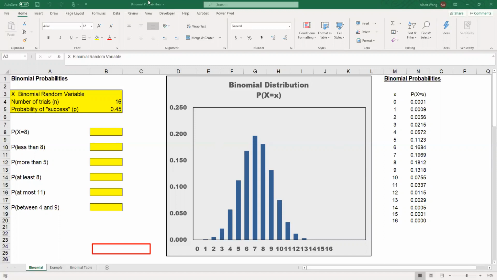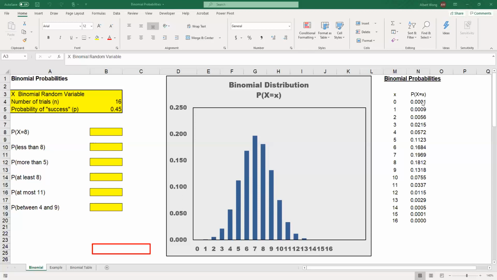Given the fact that n is 16, x would take on actually 17 possible values from 0 to 16. And the length of the bar represents the probabilities, as you can see on this side, where we actually calculate the probability for each of the possible values of x.